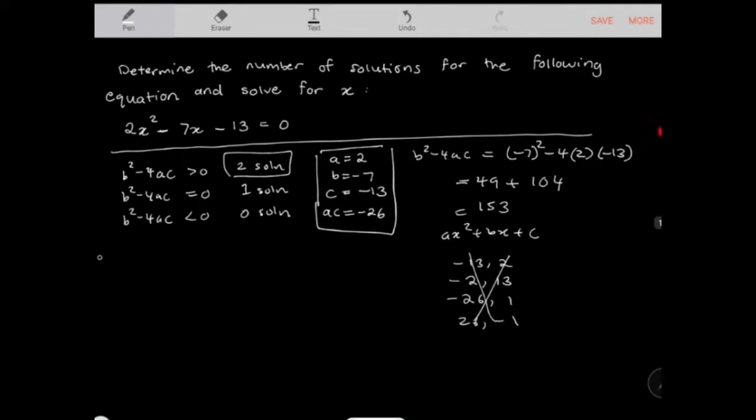So if it's not factorable, what we could do here is solve using the quadratic equation. So this is the quadratic equation. x is equal to -b plus or minus the square root of b squared minus 4ac, over 2a.